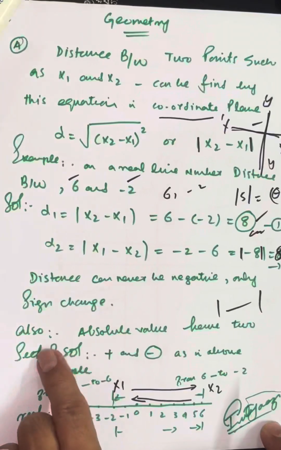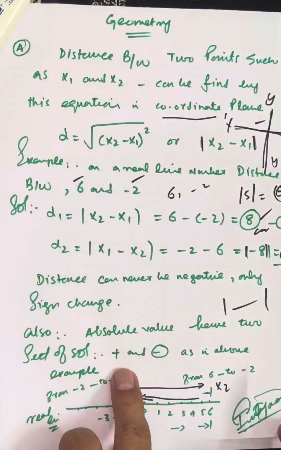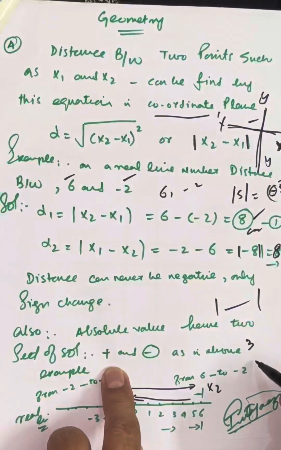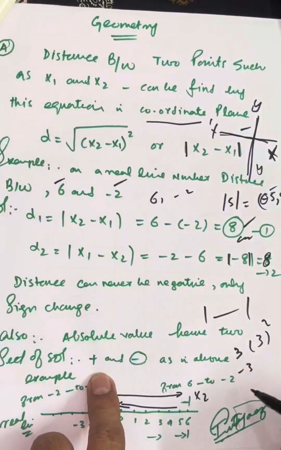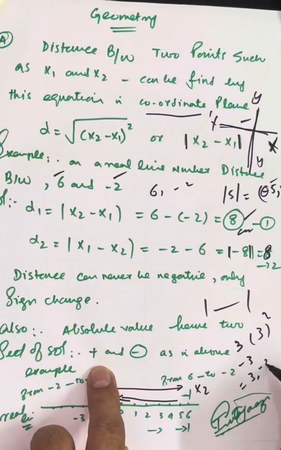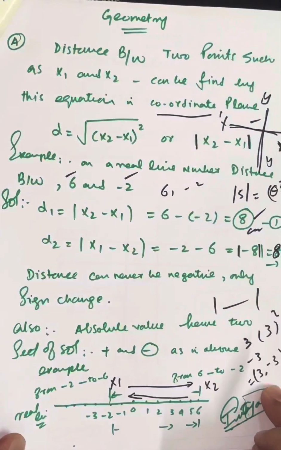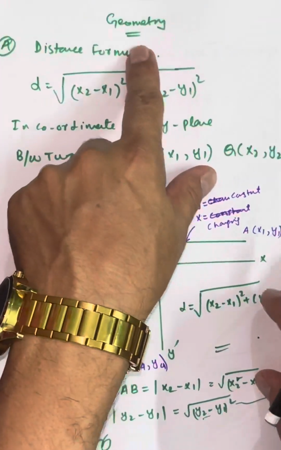Also, absolute value has a two solution set, like 3 and minus 3. If you make it like this, we have 3 and minus 3. This is called absolute distance. It's always positive. So we are in mathematics and geometry.